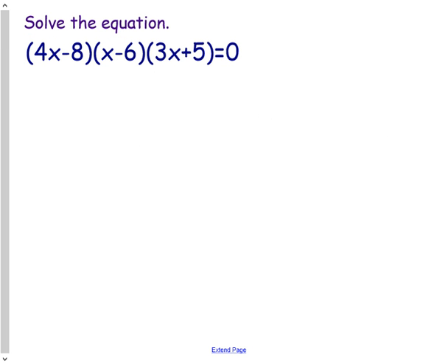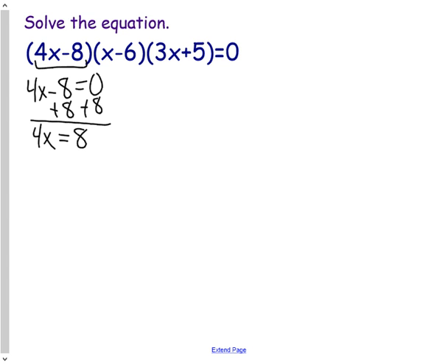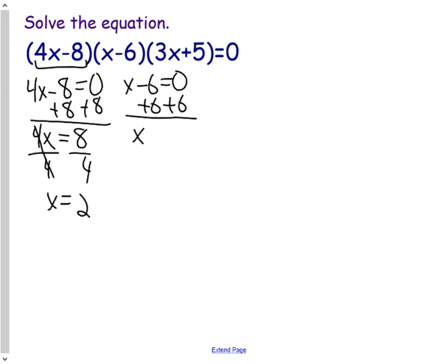One more set. 4x minus 8, x minus 6, 3x plus 5. Again, each piece equals 0. Hopefully you've got the pattern by now. Nothing's very much changed between these problems. We got x equals 2, x minus 6 equals 0. With just x in front, you'll notice a pattern that basically our sign is the only thing that changes.